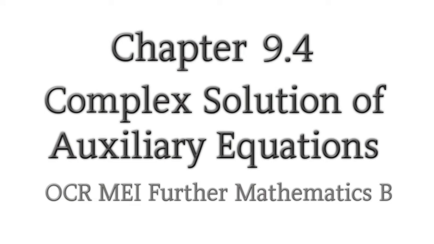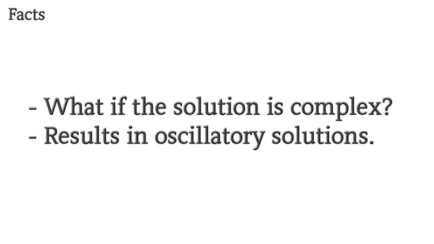Today we're doing chapter 9.4, Complex Solution of Auxiliary Equations. So what actually happens if the auxiliary equation gives you a complex solution? Well, that would be an oscillatory solution, which means that sines and cosines would be involved.